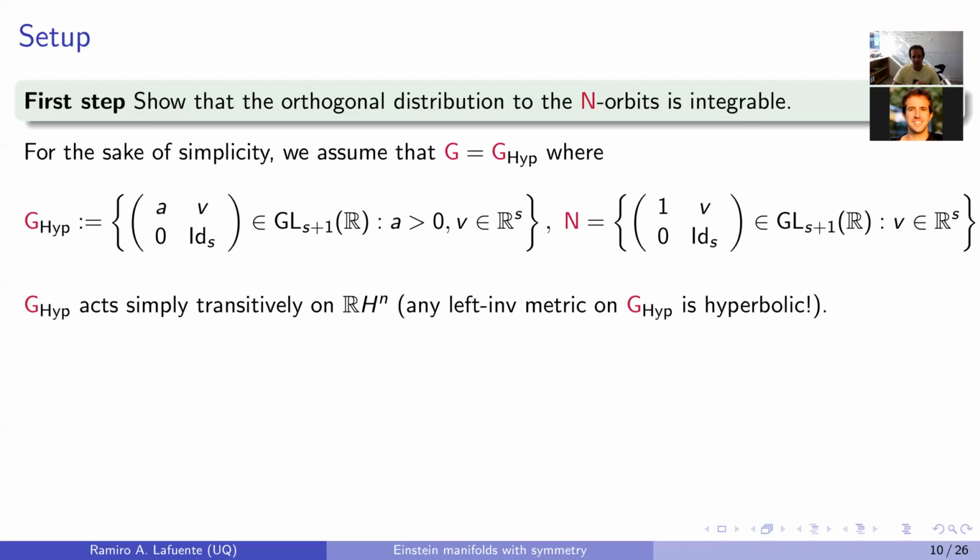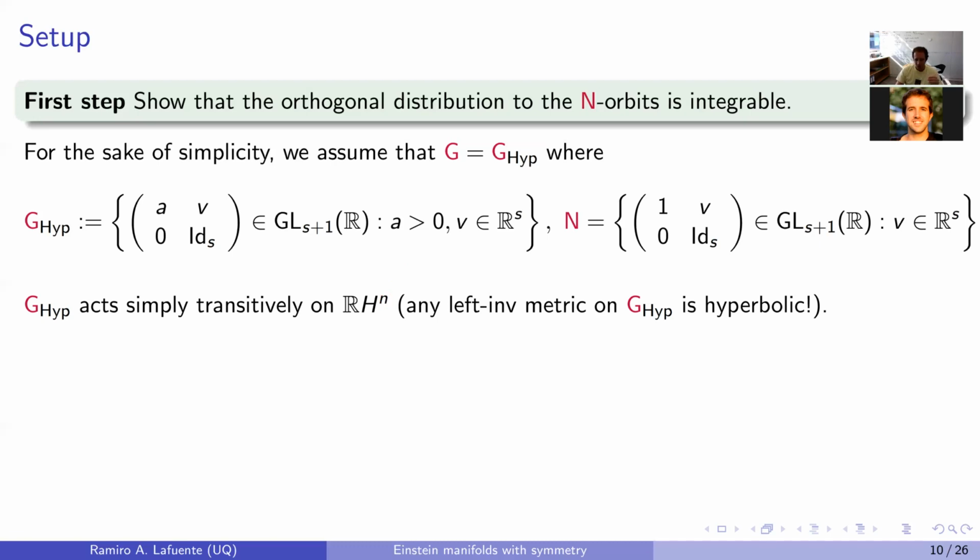An interesting feature is that this group acts simply transitively on hyperbolic space. Actually, I should have said of dimension S plus 1, not just any n. And by simply transitively, I mean that the isotropy subgroup is trivial. So it acts transitively and freely.